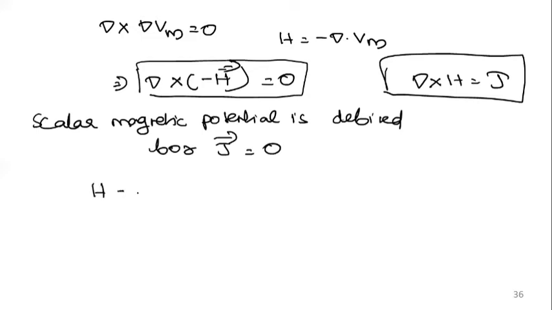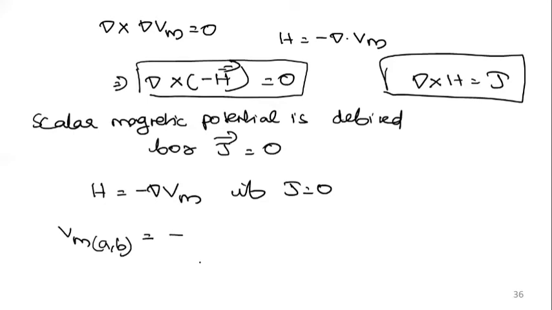H is equal to minus del Vm if J equal to 0, and the potential also we can write. If you are considering from A to B, what is the potential? It will be minus of the integral from B to A of H dot dl. What integral H dot dl is, we have already seen. So if a question comes like what is scalar magnetic potential, this is what you should write and explain.